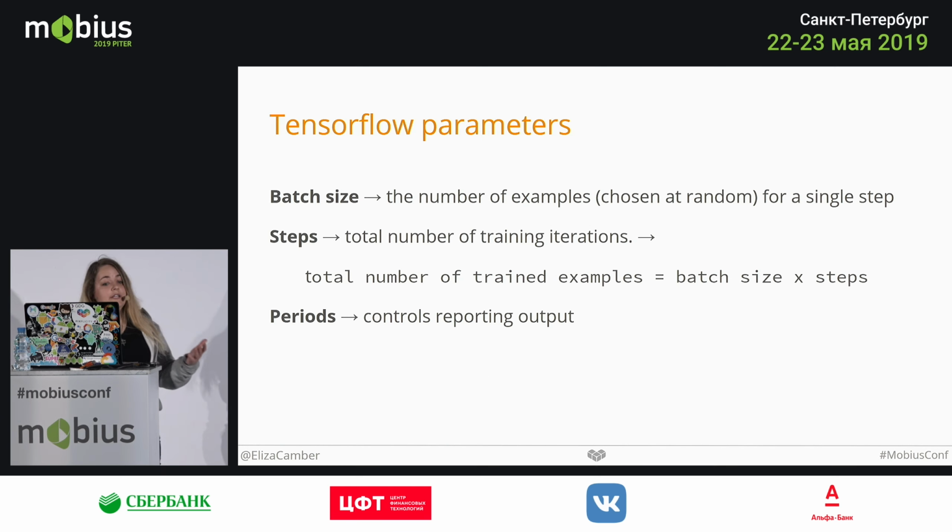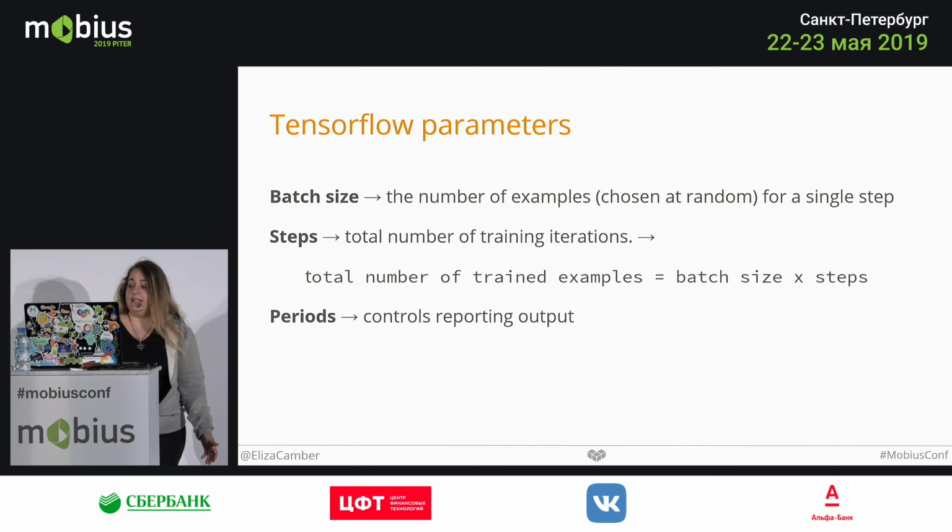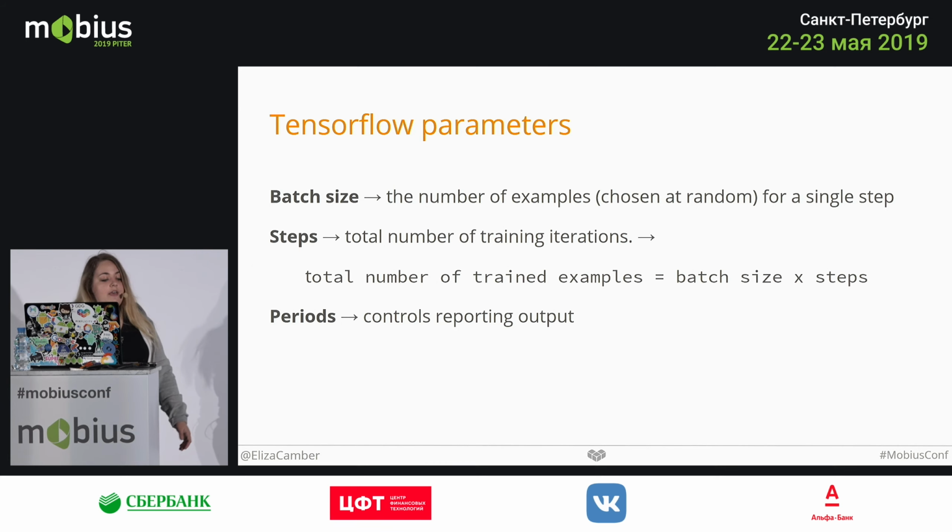And after learning all those, and after having a clean data set to start with, then we could actually build our model. There are 2 parameters that you can manipulate in order to train your model. The first one is the batch size, which is the number of examples that it's going to do in each step.